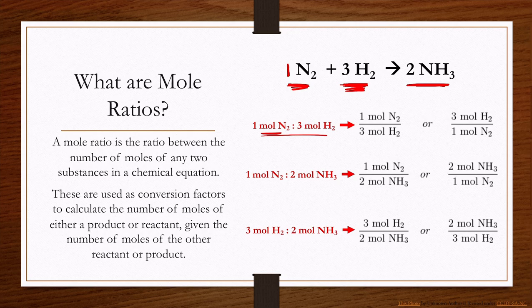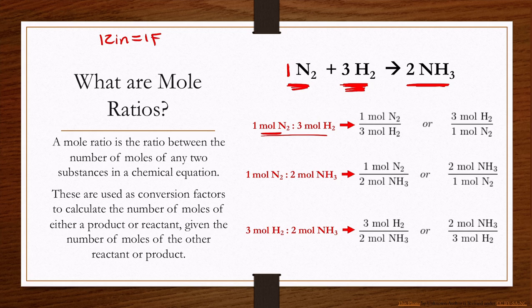And when we use these ratios in a stoichiometric calculation, we write them as conversion factors. We've learned about conversion factors before when we talked about how we can write an equivalence statement as a conversion factor. So remember, for a simple example, we have 12 inches equals 1 foot.